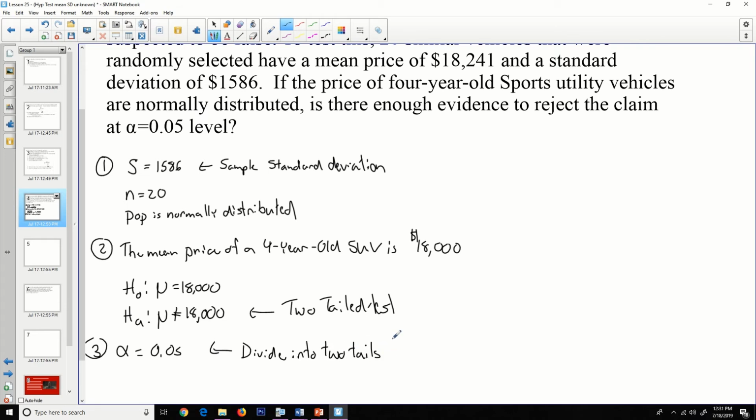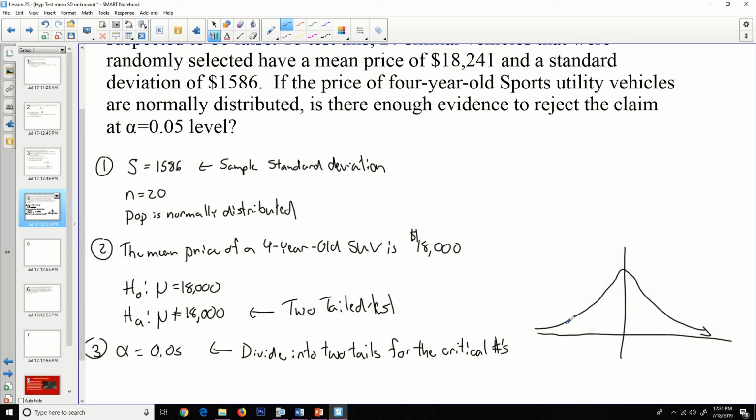For the critical numbers. All right, so here we have a t distribution, and so again we're going to have 0.025.